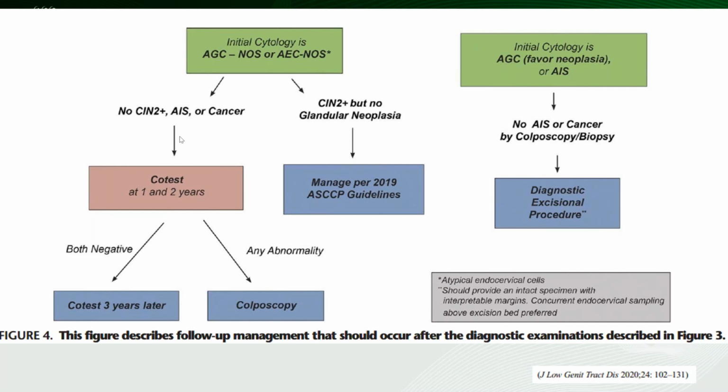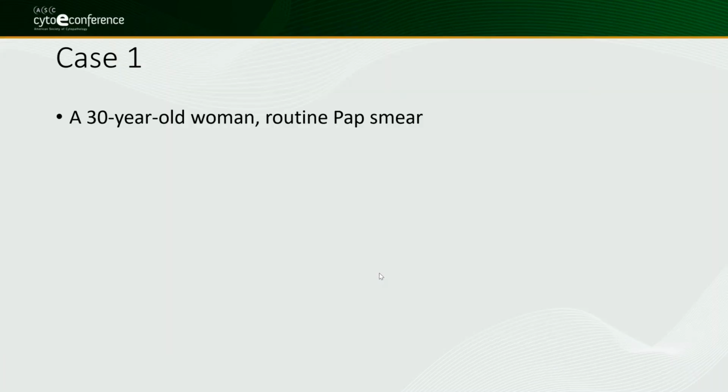If it's NOS, it goes to this pathway, and if it's favor neoplastic or AIS, that will lead to diagnostic excisional procedures. So again, just to tell you how important it is to follow the criteria and put the atypical cells in the correct category, because there are clinical management consequences.